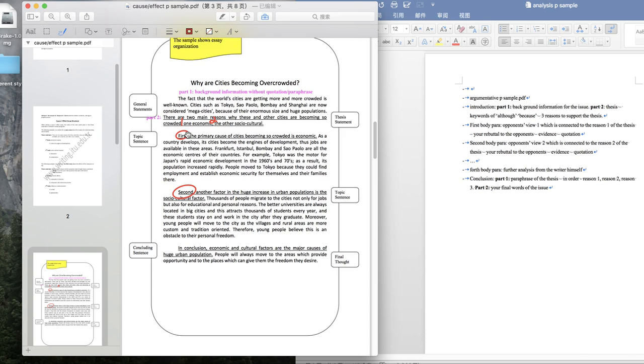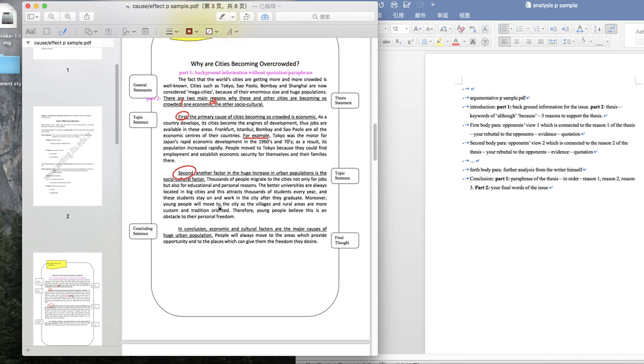So in the first body paragraph, the topic sentence explains or paraphrases it further and analyzes the economic issue which made the cities more crowded. And these are examples and evidence, as well as in the second body paragraph.